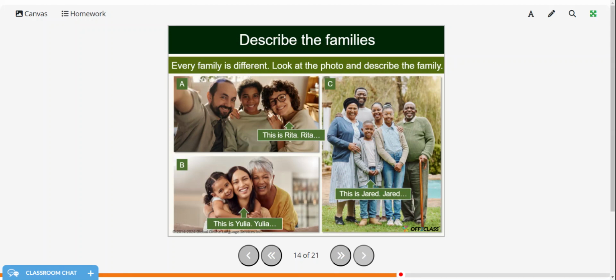Okay, every family is different, so look at the photo and describe the family. So this is Rita. How would Rita describe her family? Well, she could say, I have a husband and a daughter.